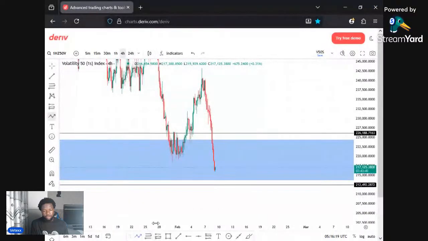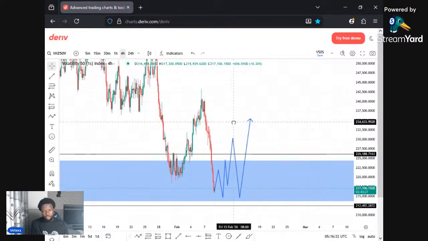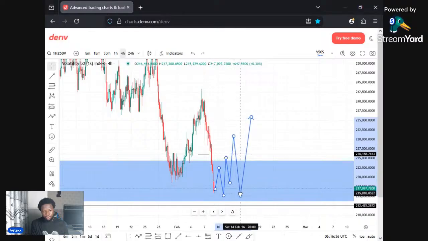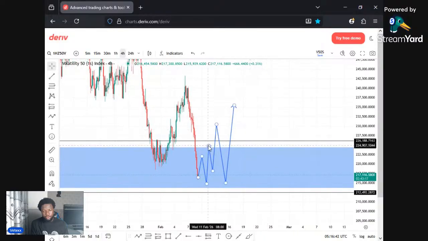So price to just do something like this. Come back here, tap it and then move to the opposite direction. So this is the continuation confirmation that we're anticipating on V51S.